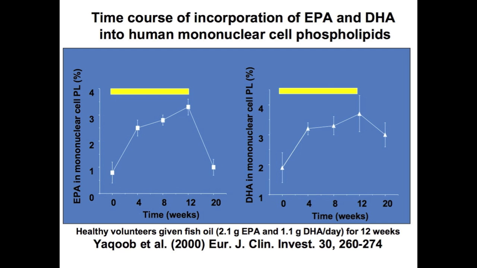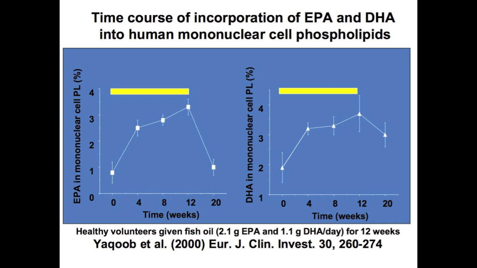Now, this timing is actually a feature of the cell type. Cells that turn over very quickly incorporate these fatty acids very quickly, and cells that turn over slowly incorporate them more slowly. If I was to show you the same data for red blood cells, which turn over more slowly than white blood cells, this line would be coming up here and probably would not yet have peaked.